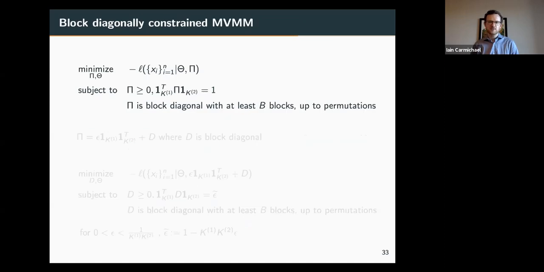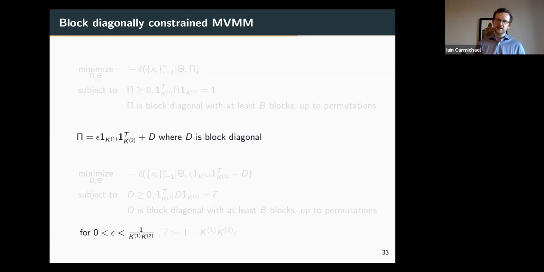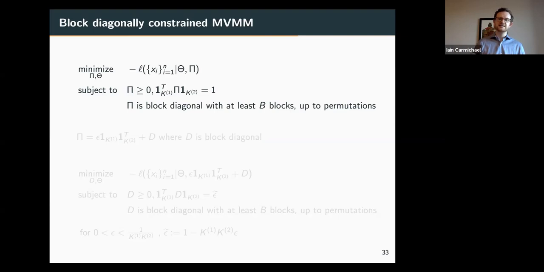So now let's come back to the multi-view mixture model setting. So again, the problem we would like to solve is to do maximum likelihood estimation under these block diagonal constraints that we've placed on pi. For reasons kind of similar to the zero issues in the M step with the log penalized term, getting exact zeros with EM raises issues.